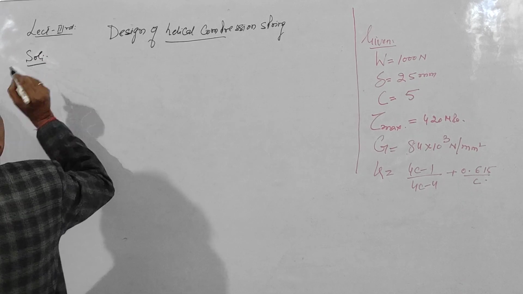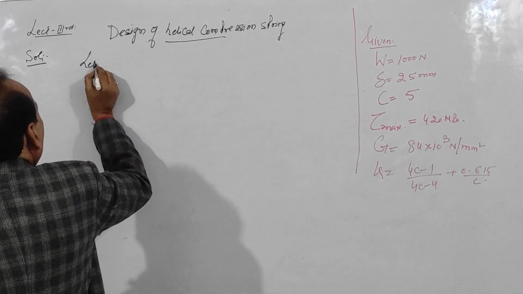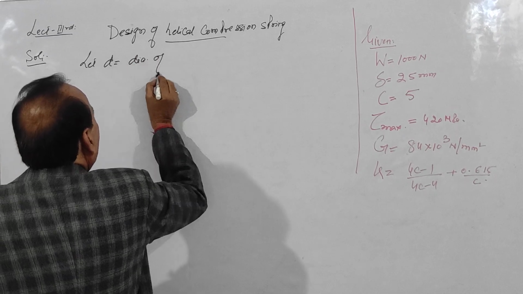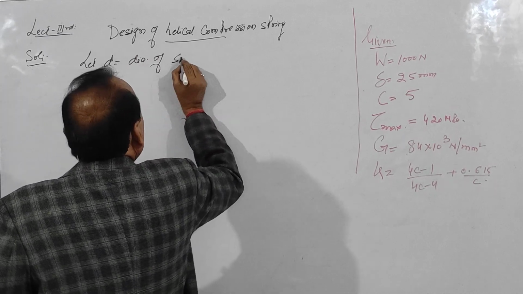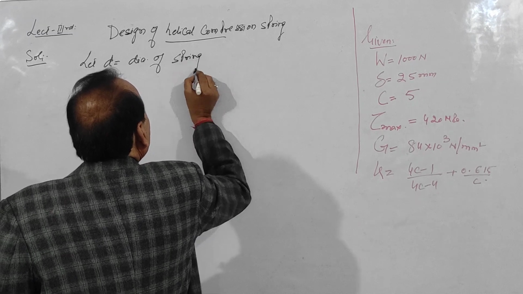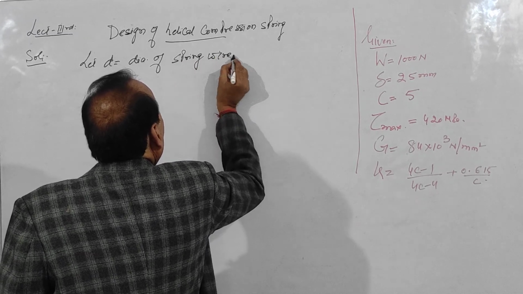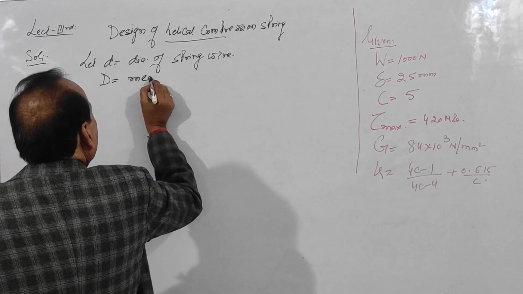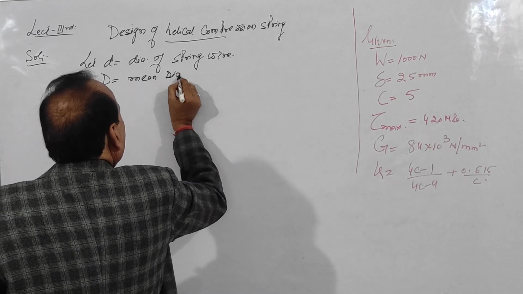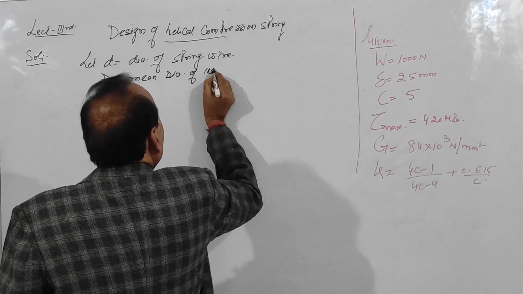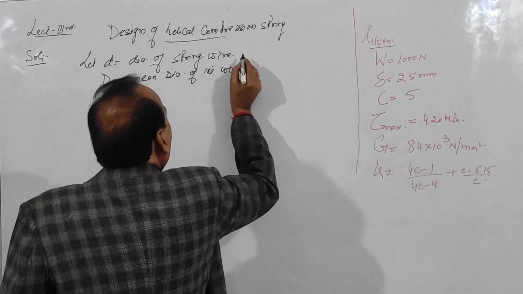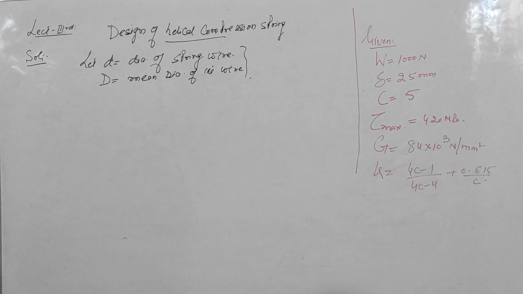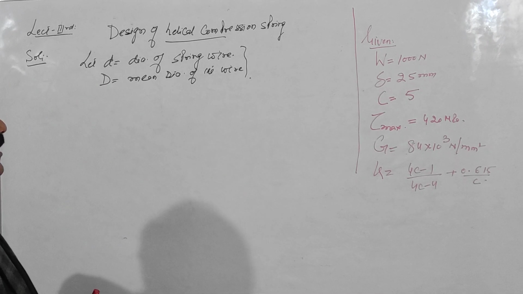Solution. Let d be the diameter of spring wire, and the capital D, this is the mean diameter of the coil, right? Mean diameter of the wire.